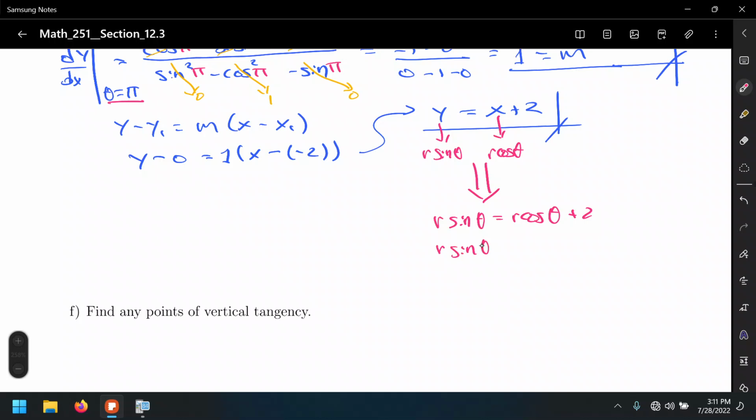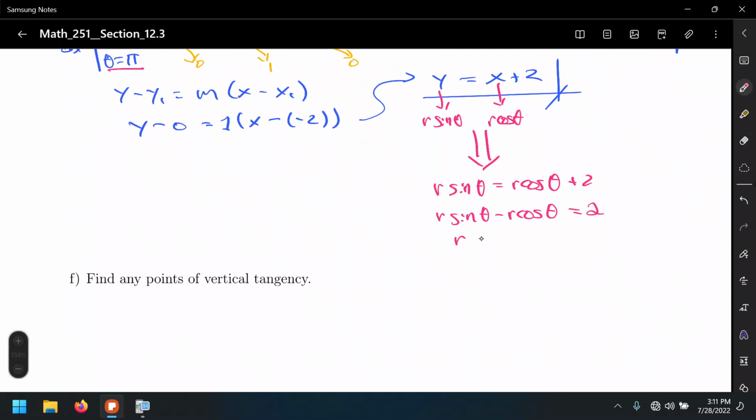R sine theta minus r cos theta. Well, I know we're still crunching symbols anyway, but at least we're going to do this so we can get the picture, literally. So r equals 2 over sine theta minus cosine theta. Alright, so that's the equation in polar form.